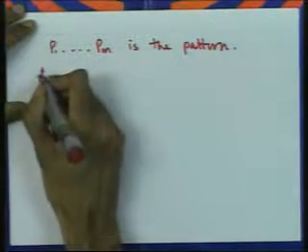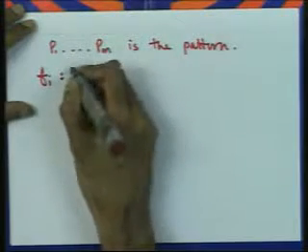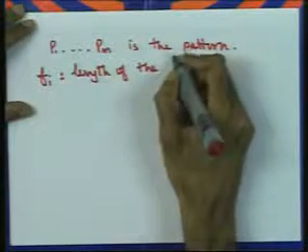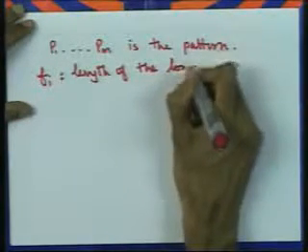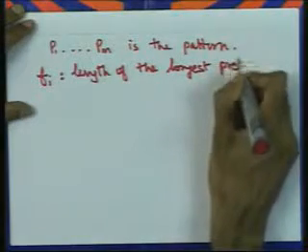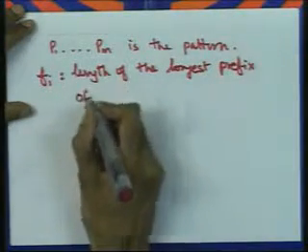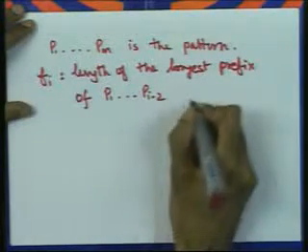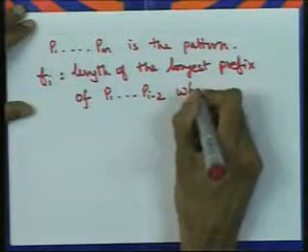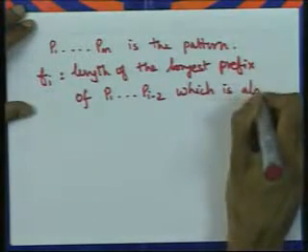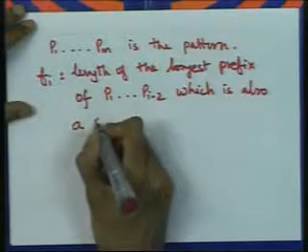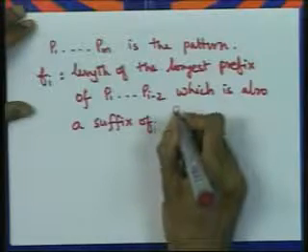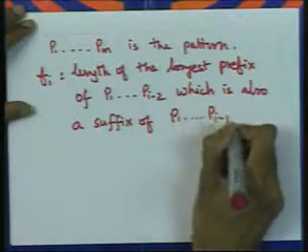Let's say Fi is the length of the longest prefix of P1 up to Pi minus 2, which is also a suffix of P1 to Pi minus 1.